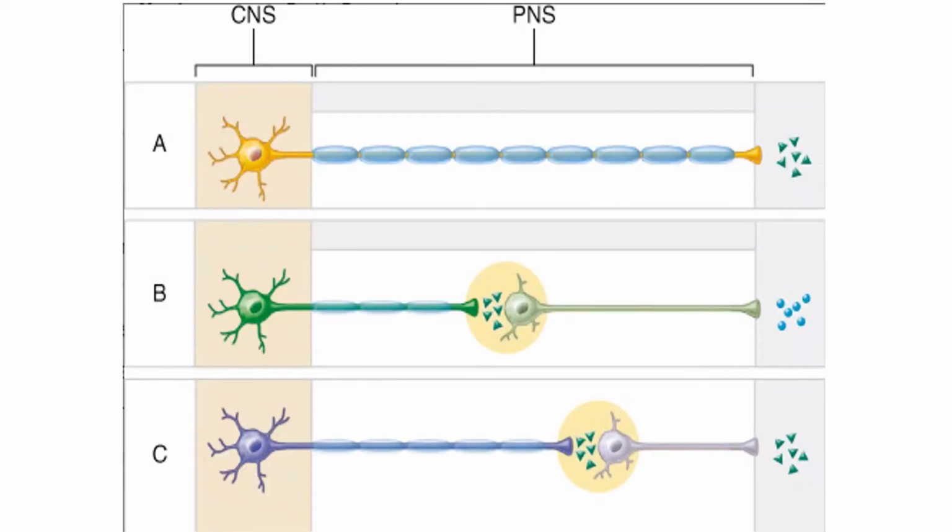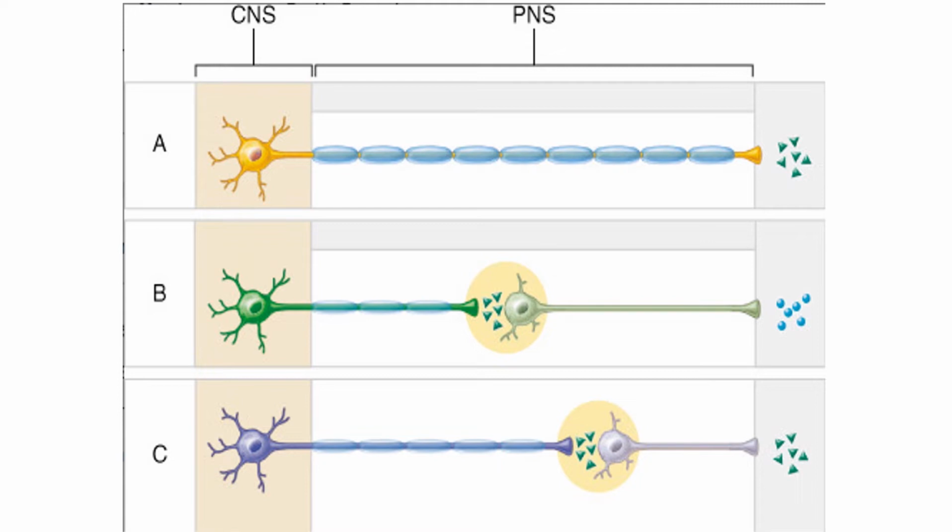Here is an image of three types of systems of parts of the nervous system. If you look at the upper one, you can see that a neuron sends an axon that is going to reach the target organ. That is the somatic type of physiology of the nervous system.